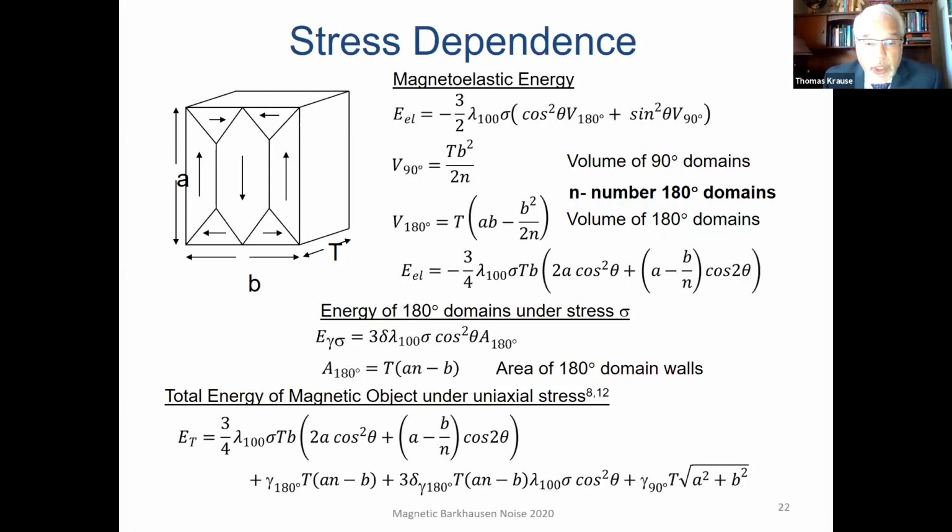The more 180-degree domain walls we have, the more Barkhausen noise that we measure. We also have the energy of the 180-degree domain walls under stress, and then we can consider the total energy, an equation at the bottom of the page here that combines all of those terms for our magnetic object.